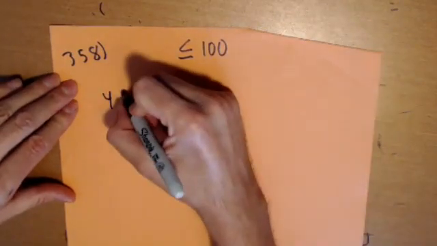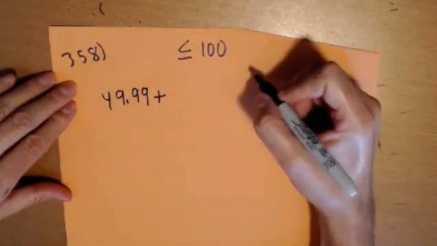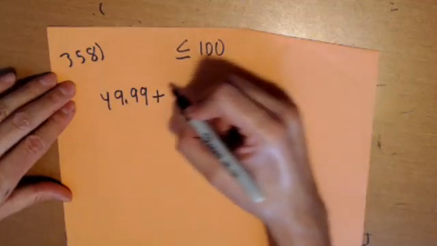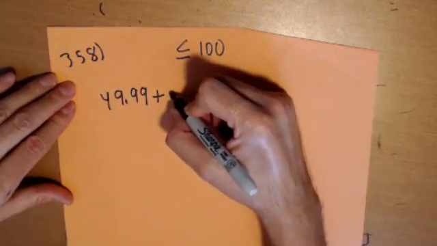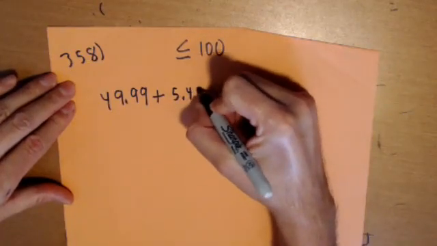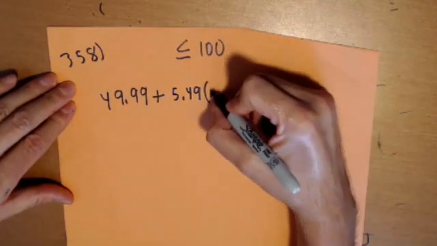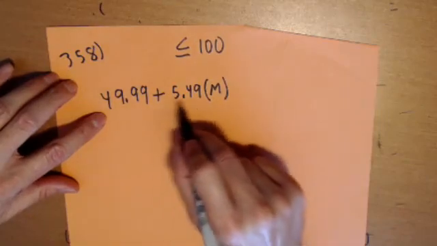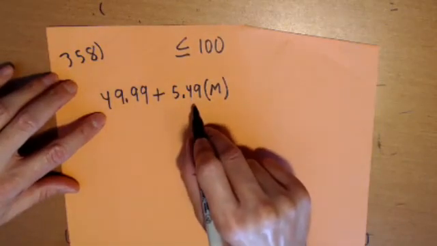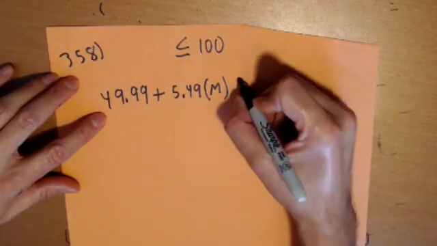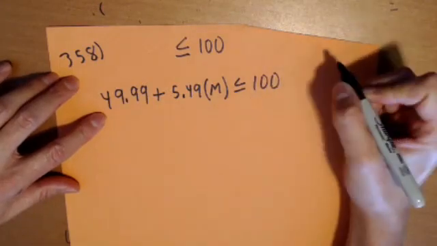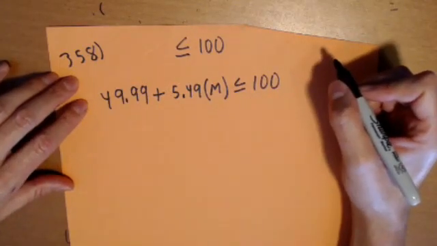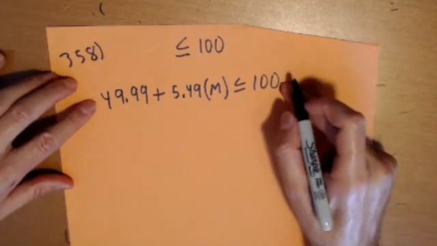So $49.99 per month plus the movies are $5.49 each, and he's planning on watching m number of movies. So the $49.99 plus how many $5.49 he rents all needs to be less than or equal to $100. Okay. So you can solve that, no problem.